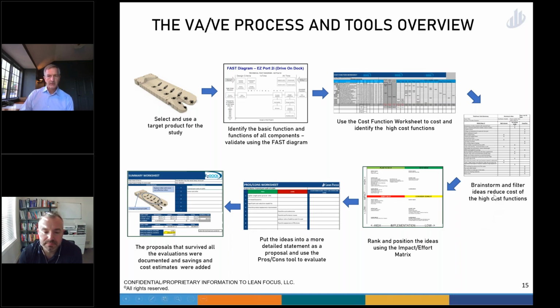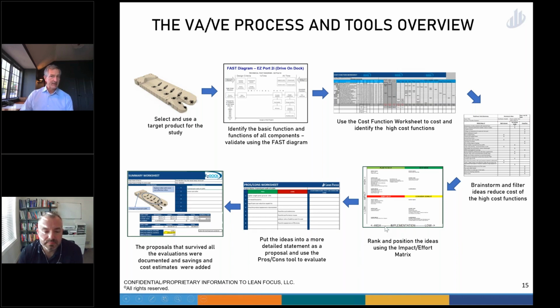Then, as I said, we go through a brainstorming function of where we see opportunities to make changes, where we maybe have high cost and low functionality, as an example, and we rank those. And this matrix here is about what the effort is going to be to implement this change and what the expected impact is to us. So obviously you want to go with the low effort, high impact ideas and prioritize those.